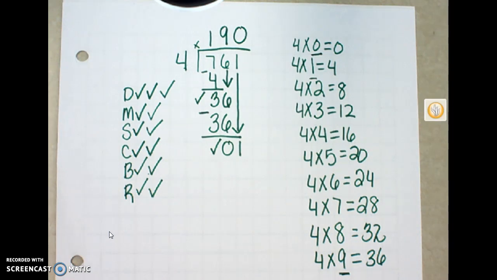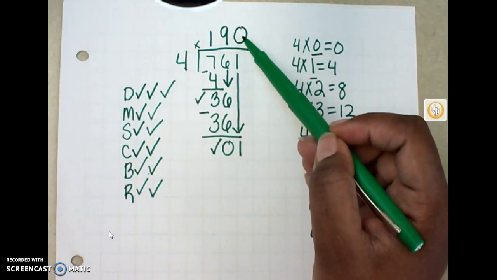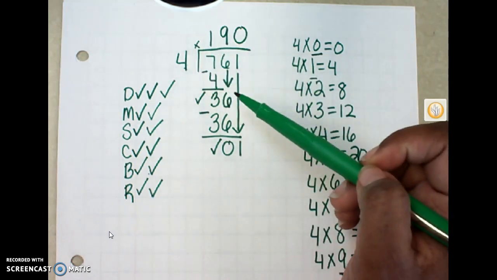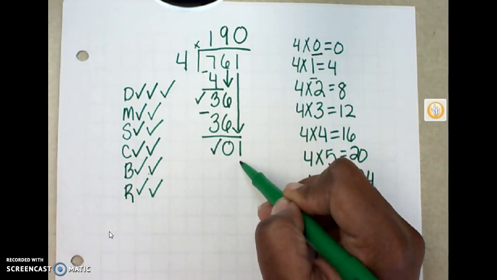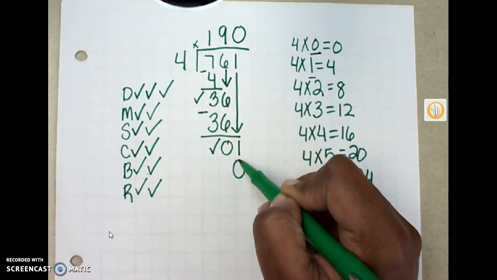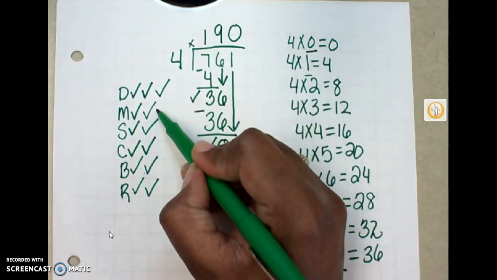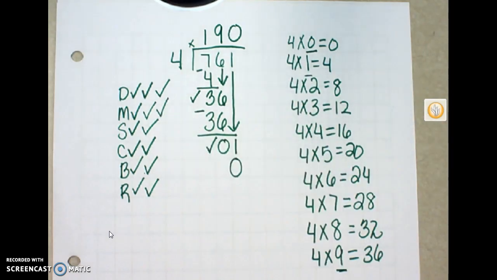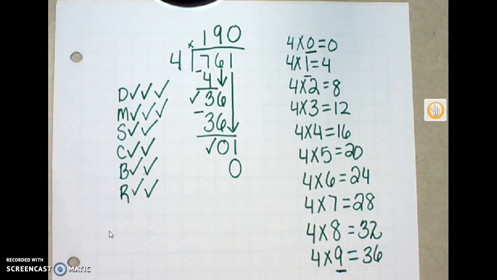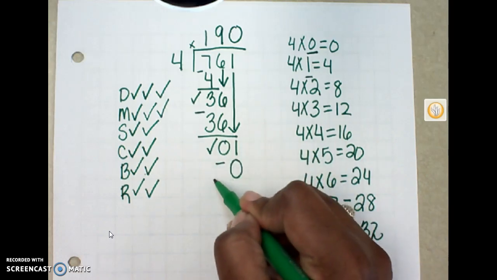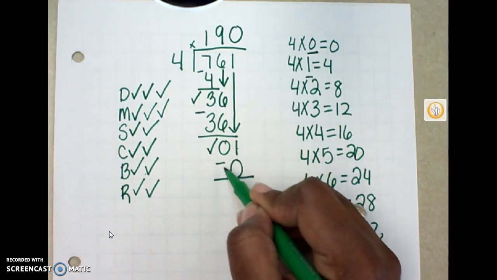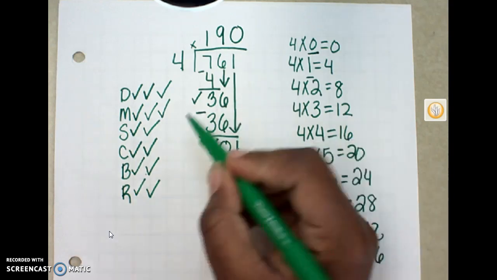Now I'm ready to multiply. I am multiplying 0 times 4. Well, 0 times 4 is 0, and I'm going to put that 0 directly underneath my 1. I'm going to check M for multiply. S stands for subtract. What am I subtracting? 1 minus 0. 1 minus 0 is 1.